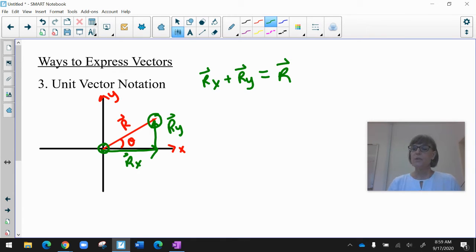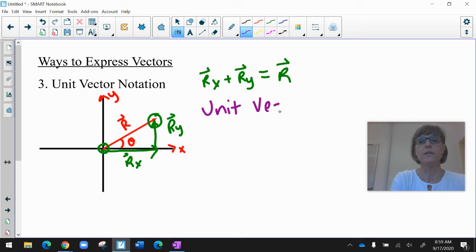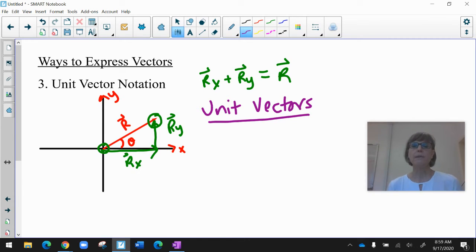So rx is always going to be along the x-axis and ry is always going to be along the y-axis. So it would be nice if I had a shorthand way to combine that. And the way that I do that is to use something called unit vectors. Now the job of a unit vector is to indicate direction.